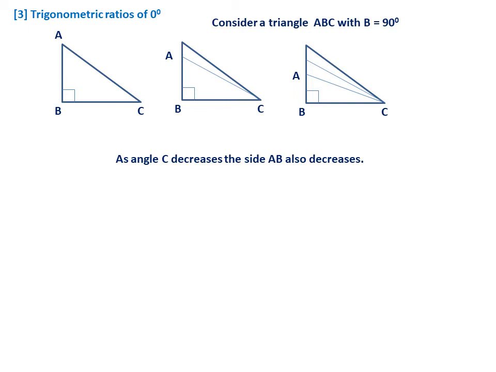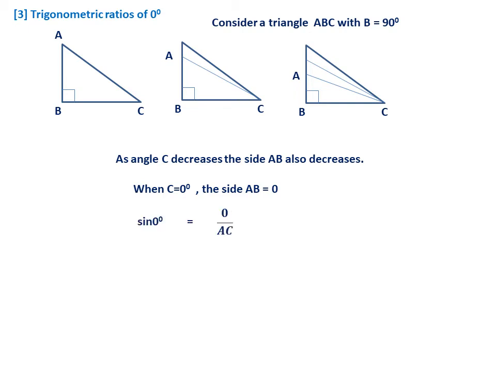The opposite side keeps on decreasing. Now apply the logic. Suppose C is 0, what will happen? A will definitely coincide with B. Now based on that, we have to find the values of sine 0, cos 0, tan 0. Now look here, when C is 0 degree, AB will be 0 because A coincides with B.